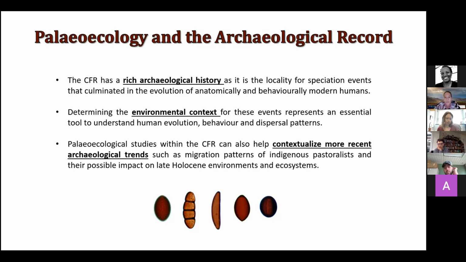And also, in terms of more recent history, the late Holocene, we're working on new paleo proxies such as coprophilous fungal spores and macro and micro sedimentary charcoal, combining this with pollen to look at whether we can see patterns of pastoralism and herbivory within the Cape records. That is also being worked on by some of my students last year and this year.